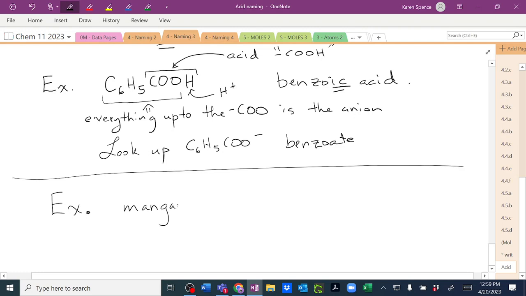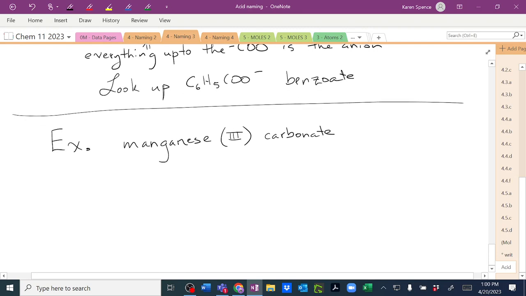Let's say we had manganese 3 carbonate. And I said, go write me the formula. You may or may not remember this from last year, so we're going to go through it. The first thing you do is you write the ions and the charges.